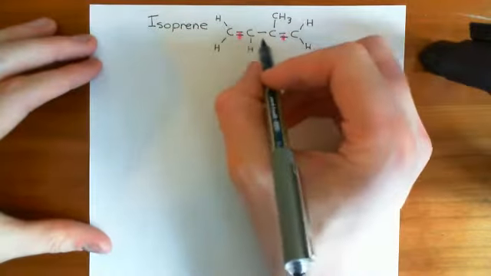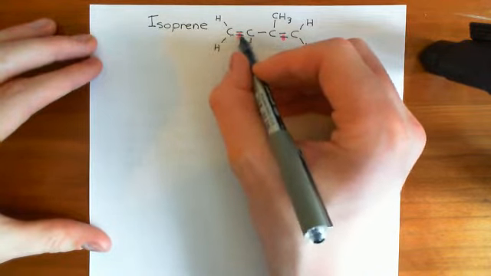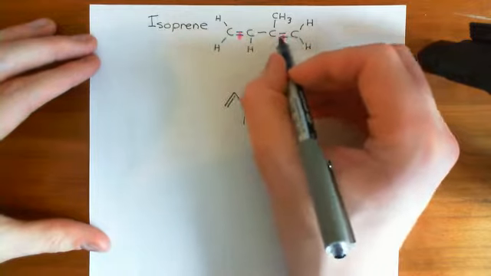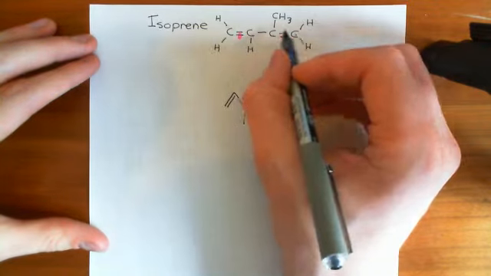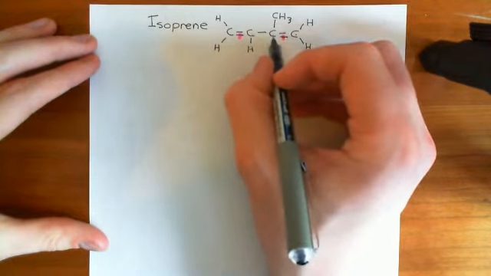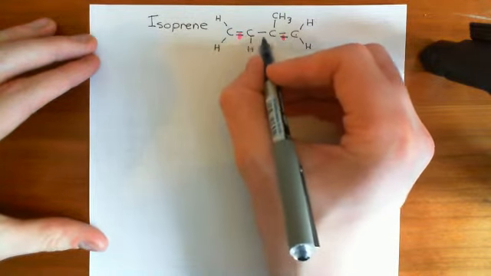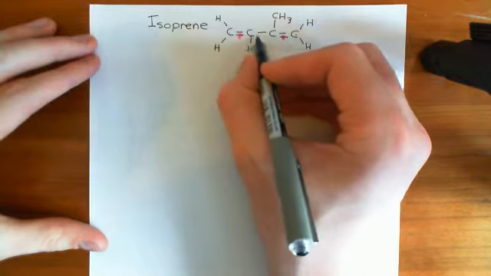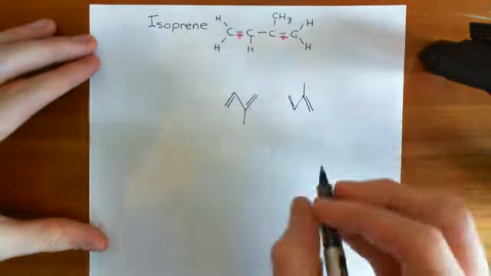This isn't an electronic mechanism, but imagine returning 1 electron to this carbon and 1 electron to this carbon, and in the case of the bond here that we're breaking, let's return 1 electron to this carbon and 1 to this carbon. That means that all 4 of these carbons have a single free electron. Then you combine this carbon to this carbon, because they both have free electrons, to create a double bond in the middle here, and that will leave both of the end carbons with free electrons.